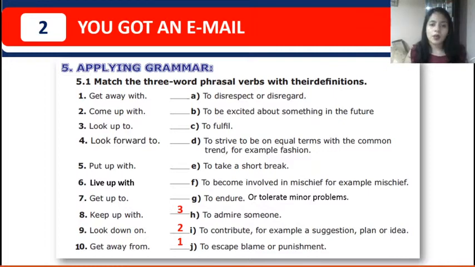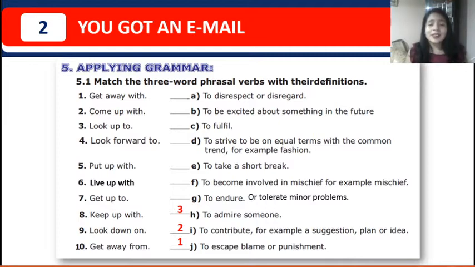What about number 4? In number 4, it says look forward to. So, listen to my example. I am looking forward to finishing my career. I'm looking forward to finishing my career this year. Yes?